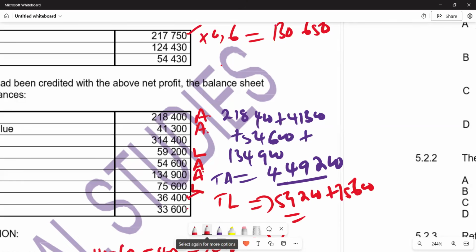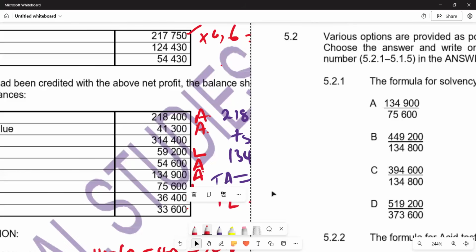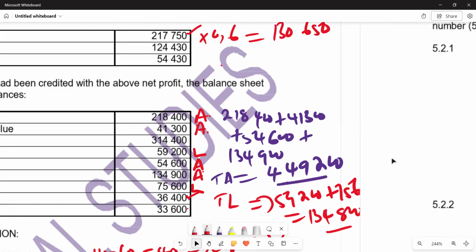We calculate to see what we get: 59,200 and the next one 75,600, and we are getting 134,800. So this is going to be your total for liabilities. So you can just check which response has that. Let's just try to see.